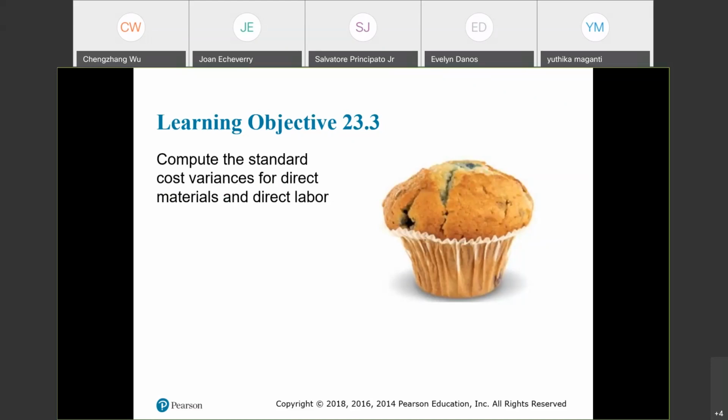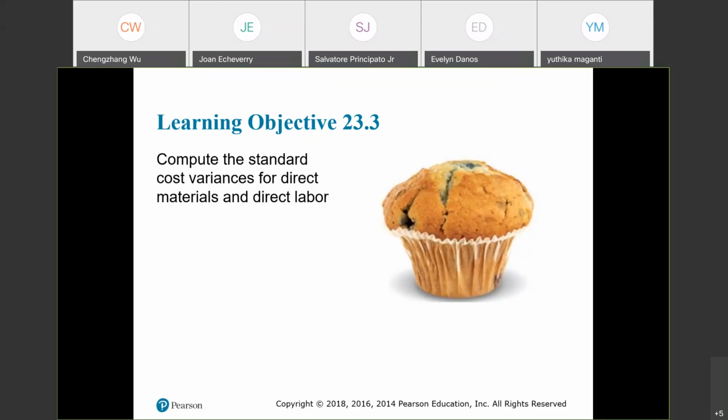The efficiency variance reflects how efficiently your labor uses the materials, or how efficient your labor is in the production process.